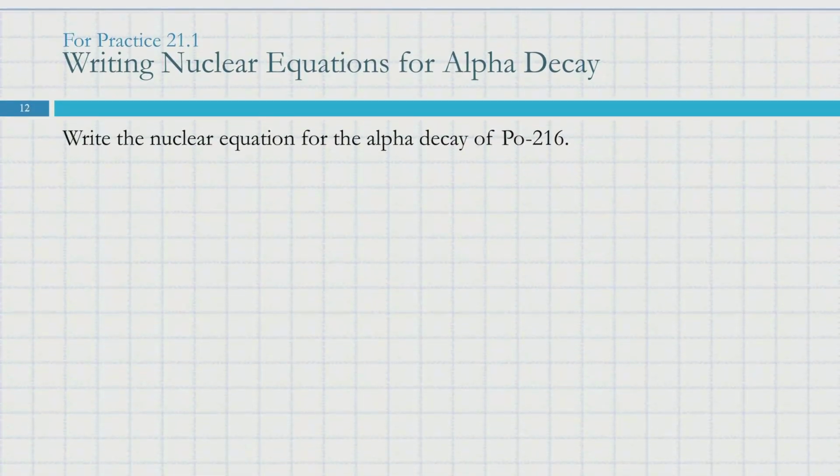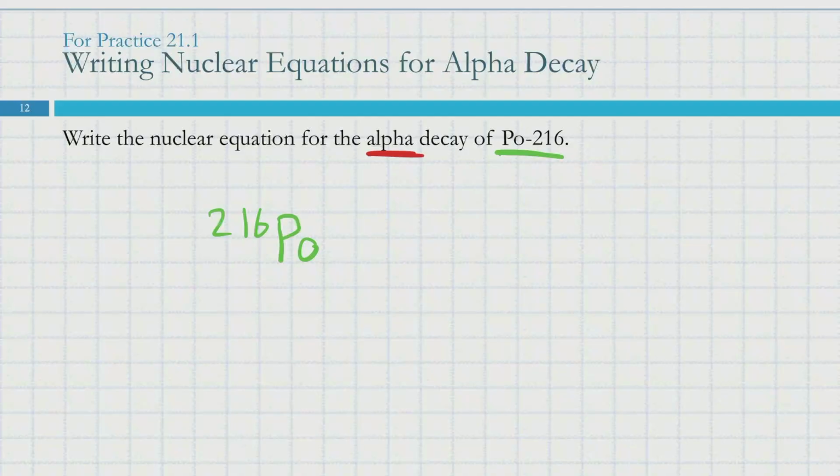So let's say that we want to do a nuclear equation for the decay of polonium-216. I'm going to identify the information we've got, polonium-216. So polonium, the 216, is that the upper number or the lower number? It's the upper number, big number. And we can find the lower number, the Z, by looking at our periodic table.